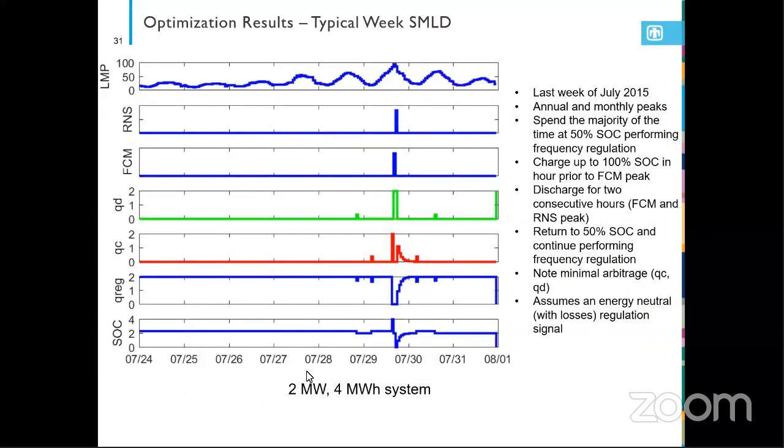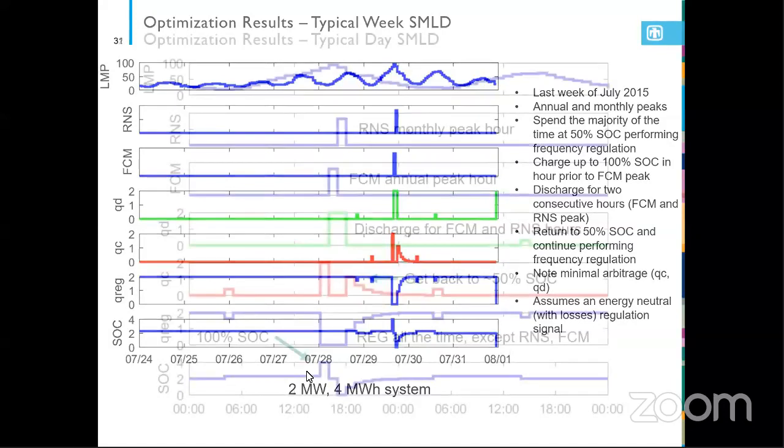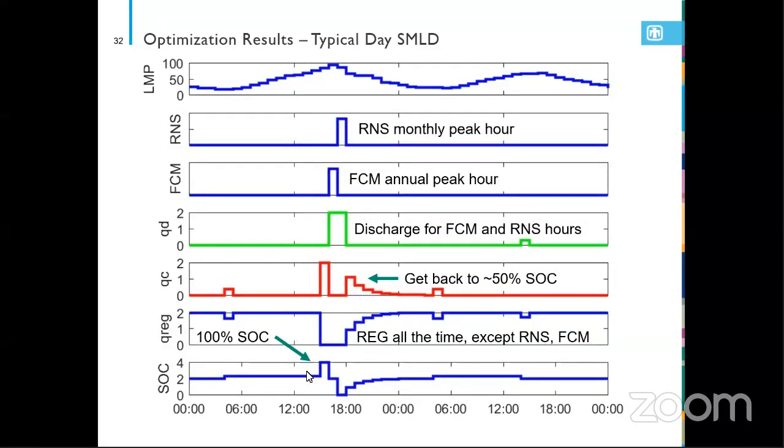This is just the optimization results over a typical week for the Sterling system. The optimal policy is doing frequency regulation all the time. In this case, QReg is the amount that you provide to the regulation market. So you hang out at a 50% state of charge, and then right before you have to hit the hourly peaks, you charge up to 100% state of charge, and then do the 2 hourly peaks. This is just a zoom in of the one day that has the 2 peaks.